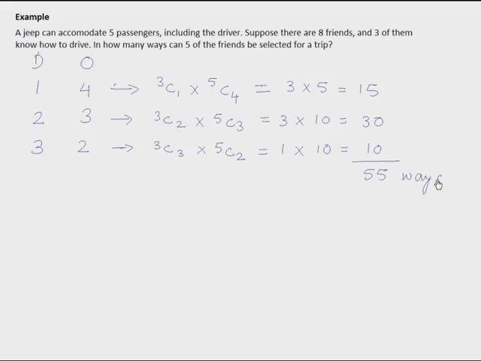Let's approach this another way. Since I must pick at least one driver, let me calculate the number of ways I can pick no driver. So if I pick no driver, that happens to be 5 friends have to be chosen from among 5 friends, the 5 who don't know how to drive.